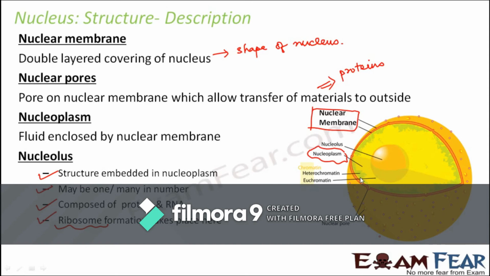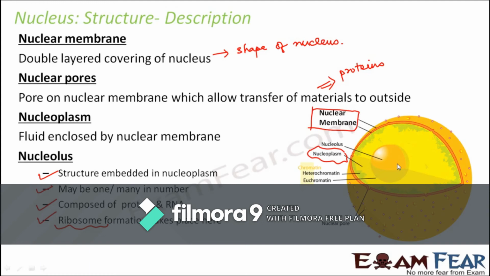Now you will learn about the concept of protein synthesis in your senior classes. If you want to really learn about it, you can refer to the biology videos of class 12. There I have discussed the concept of protein synthesis in more detail. For now you can just understand that this nucleolus is nothing but a very dense area which contains the protein RNA complex that is being formed.